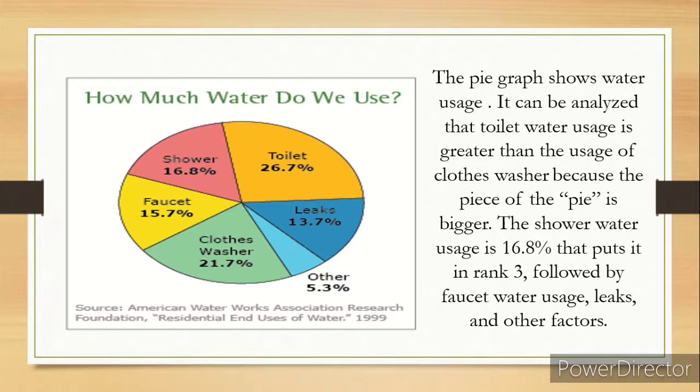The shower water usage is 16.8. That puts it in rank 3, followed by faucet water usage, leaks, and other factors. It is up to you on how you want to transcode the pie graph. The more comprehensive interpretations, the better.